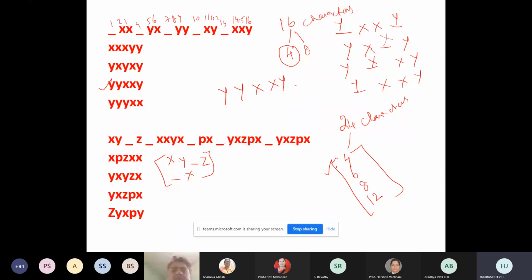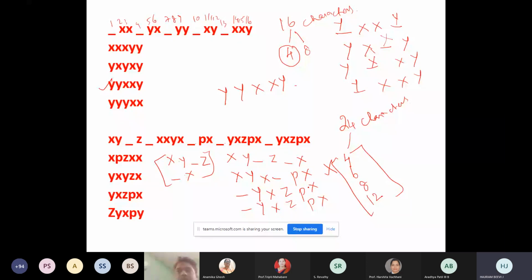Next we try the 6 pattern, which means 6 letters in the first group: x, y, hyphen, z, hyphen, x. Then x, y, x hyphen, px. Okay, then hyphen, y, x, z, px. Next hyphen, y, x, z, px.